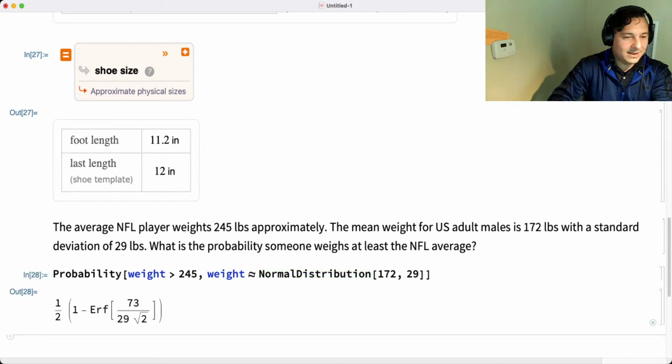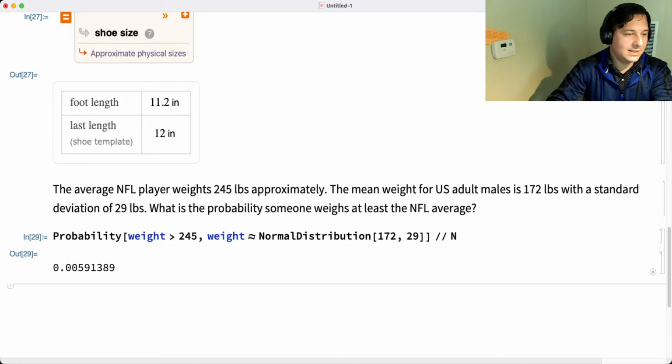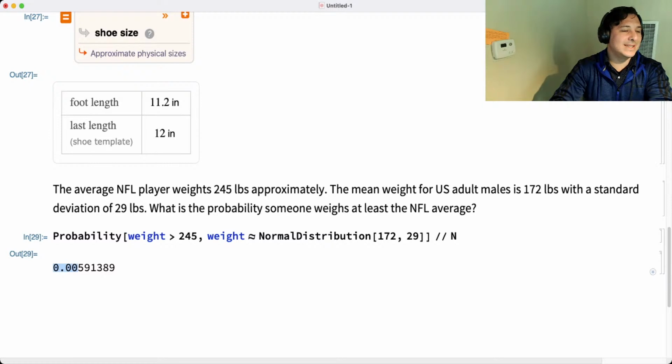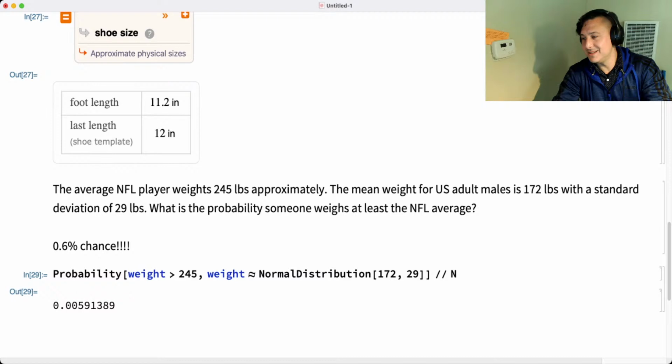Whenever it gives you a weird number like that, just put / uppercase N to give yourself a decimal. And it's like, what is the chance that a US adult male weighs at least the average for the NFL? Oh my god, that's 0.6%. So this is sort of crazy.